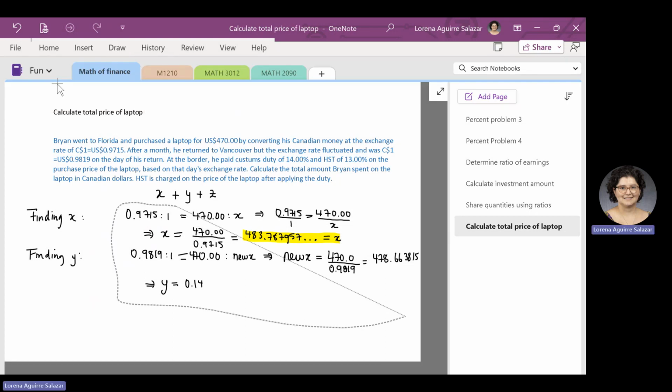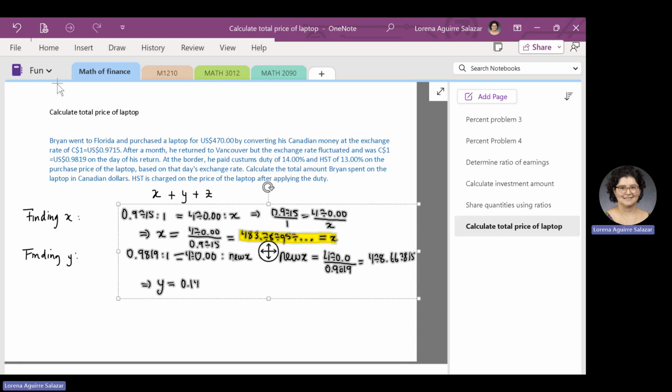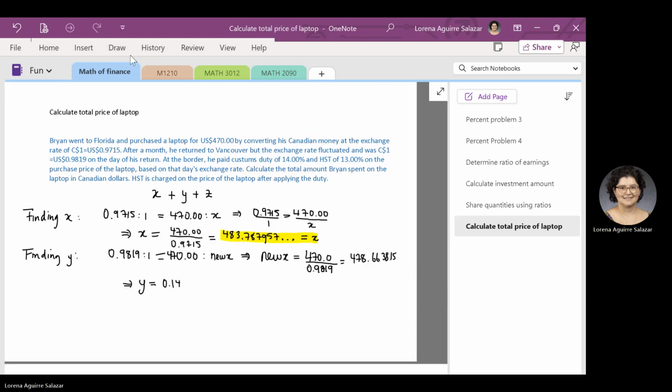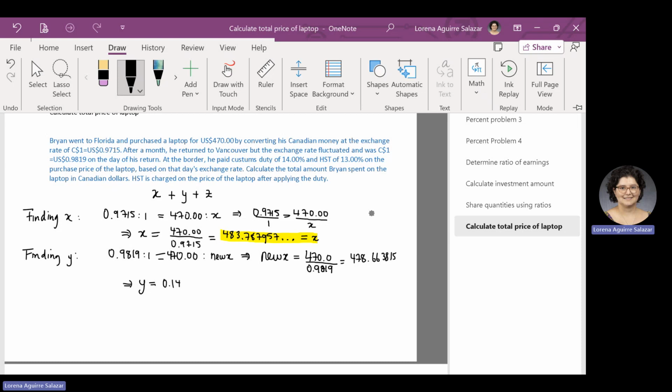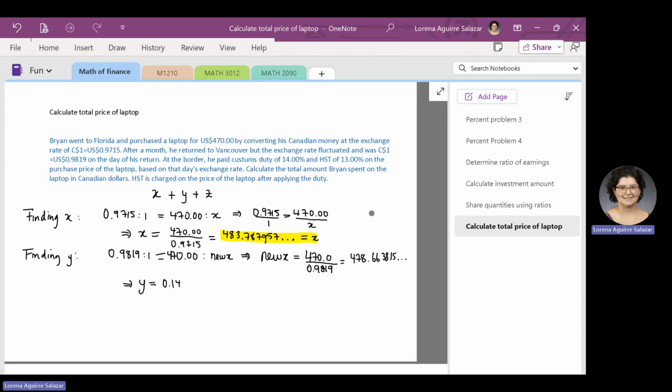So there we have that. Compute 14% of that new value of the laptop, the value of the laptop in Canadian money, the day that Brian crossed the border. So there we have 14% of 478.663815, and so on.